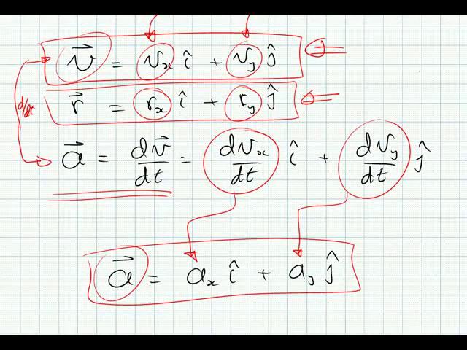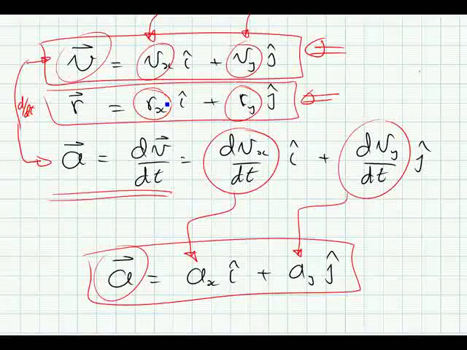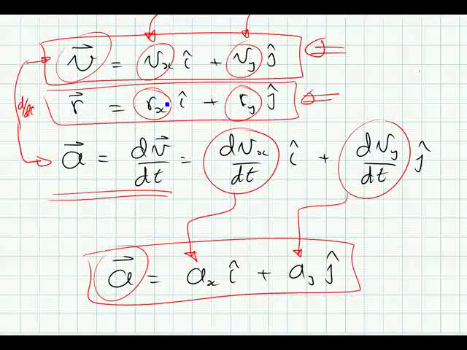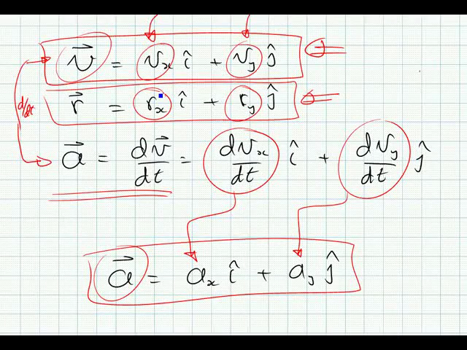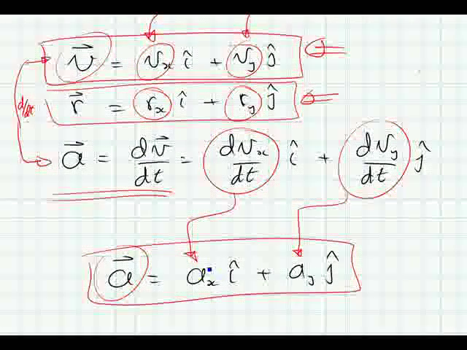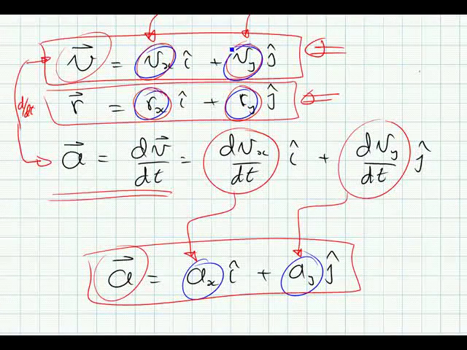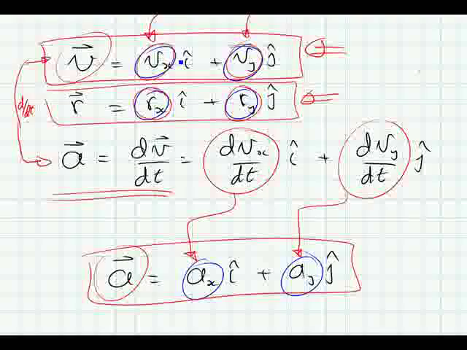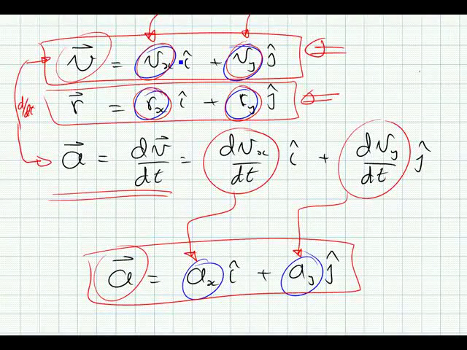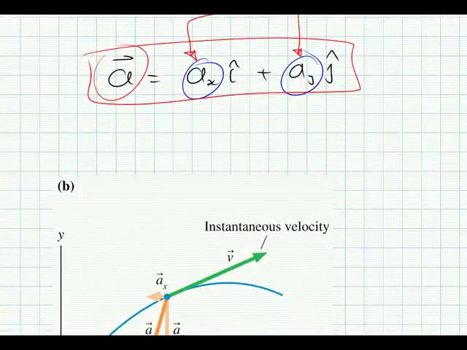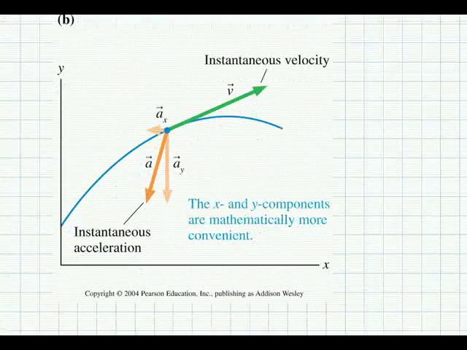In all three cases, the position, velocity, and acceleration in two dimensions are given by their x and y components respectively. So we need to define the x and the y components of each parameter, each value, to get the vector that we are after.